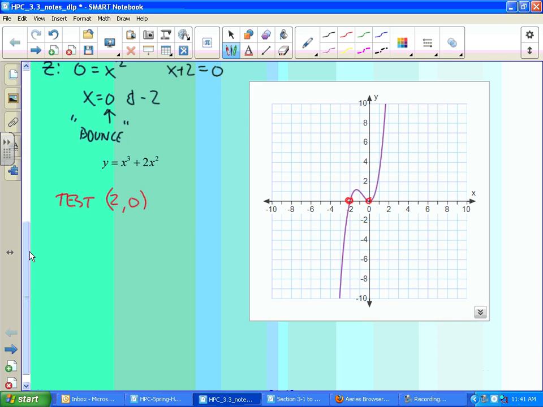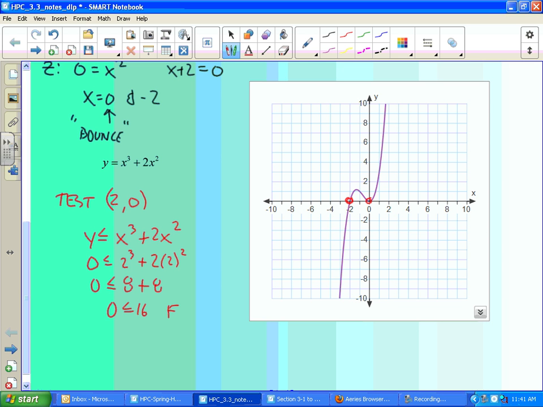All right. y is less than or equal to x cubed plus 2x squared. Plugging in 0 and 2. Let's see what we get. Is 0 less than or equal to 8 plus 8? 0 is not less than or equal to 16. This is false.